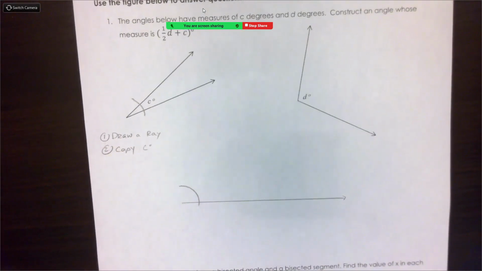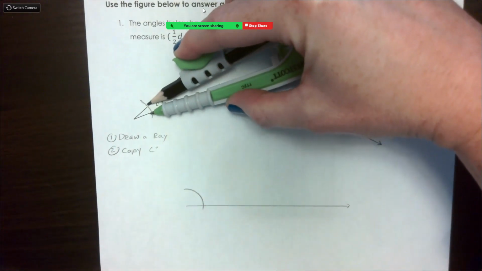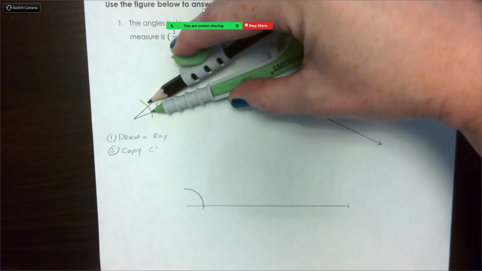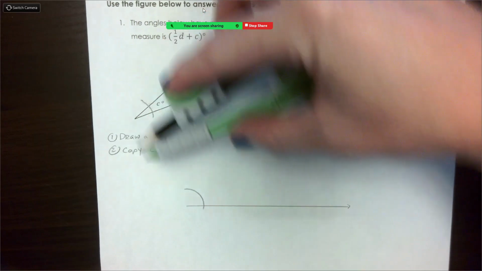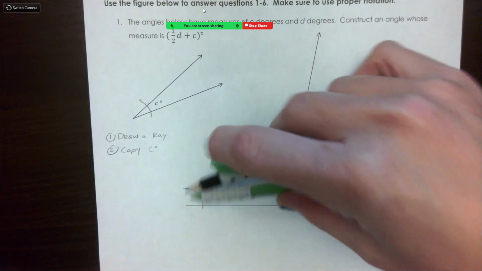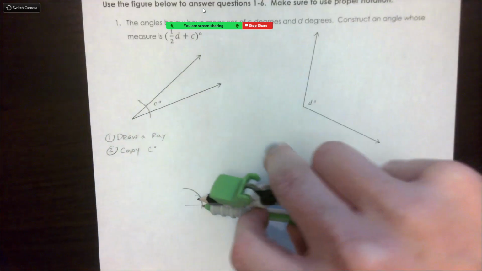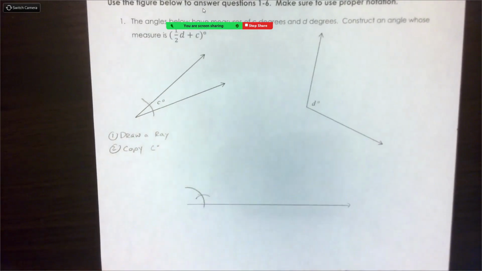Now everything is about the width. So I'm going to put the pointy edge of my compass and the tip of the pencil and find the width. You should see that that's pretty close to the width there. And I'm going to basically transpose it down here. So the tip of my compass will create another arc there.